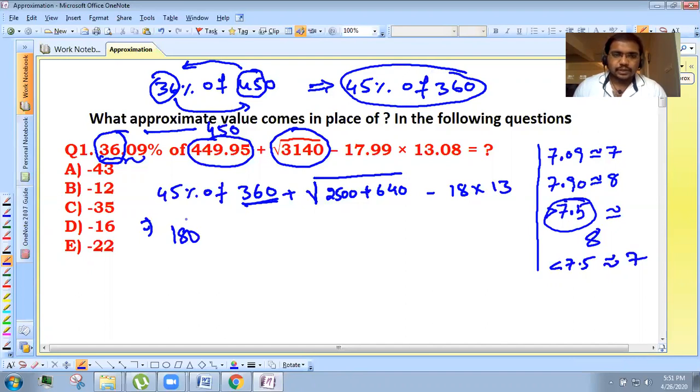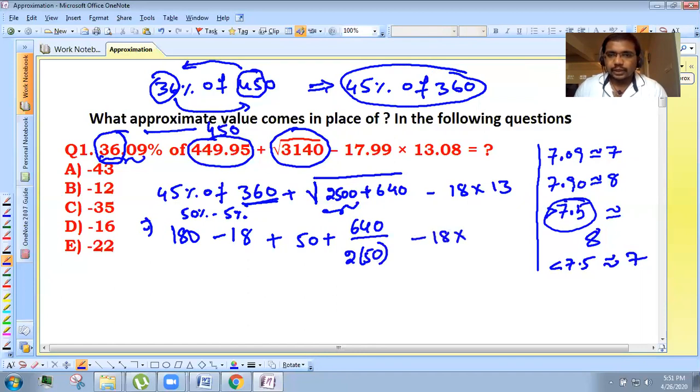But we require only 45 percentage, so 5 percentage we subtract, 18. 50 percentage minus 5 percentage, plus this value under root 2550 plus extra 640 by 2 times of 50, minus 18 into 13. So this total value is 56.